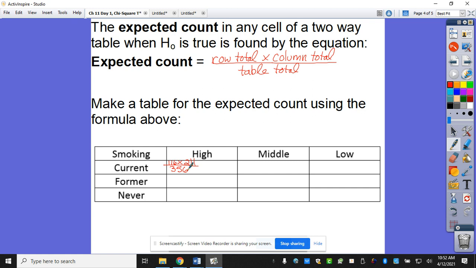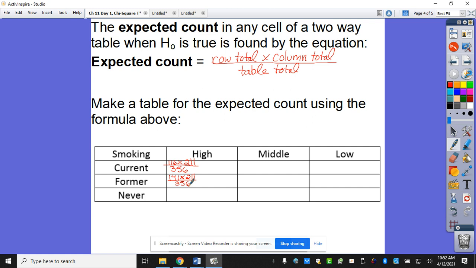So high and former, what would I multiply? What's my row total? High former, what's my row total? 141 times, divided by.